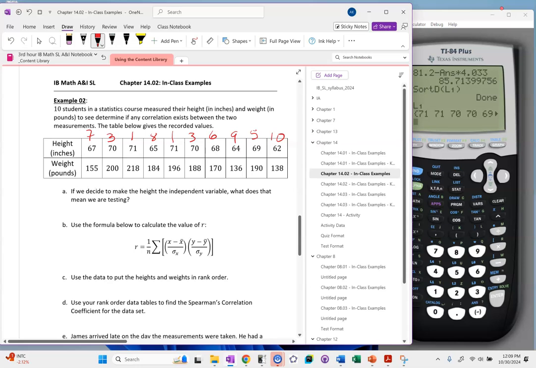Everybody okay there? And if I do the same thing down here, it's a little bit easier to do the ranking because I notice there's no ties down here. The definition says descending, biggest gets 1.